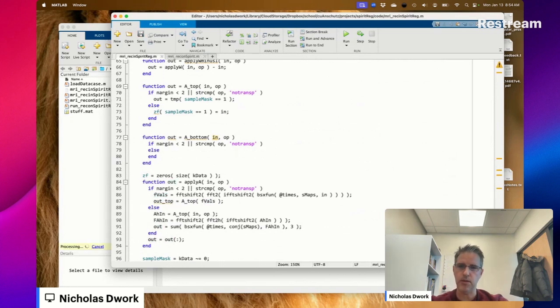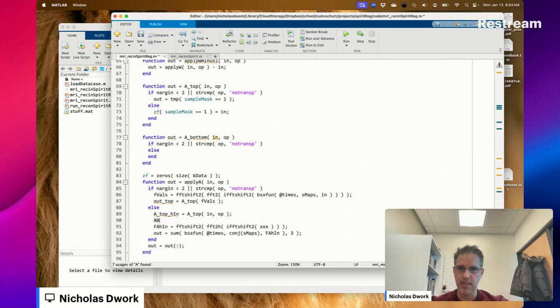This is going to be out top. This is incorrect. We're going to have to put something here. This is A top adjoint in. We're going to need A bottom adjoint in.